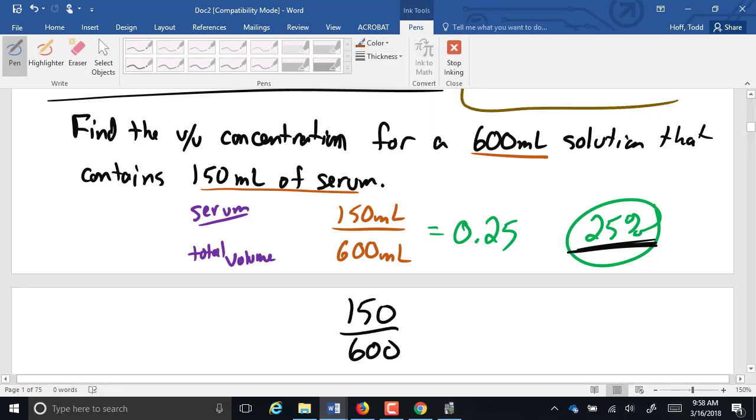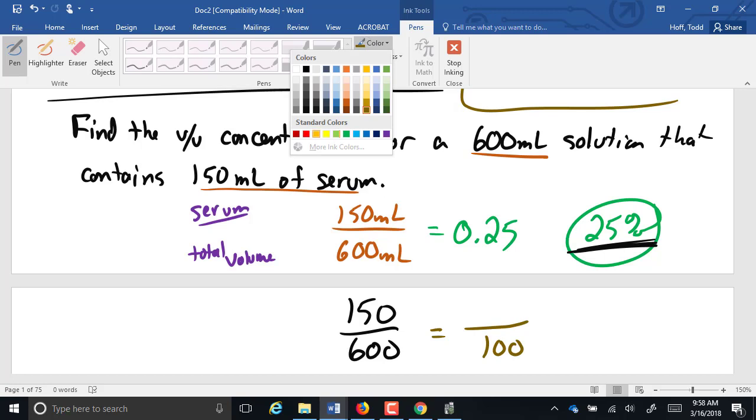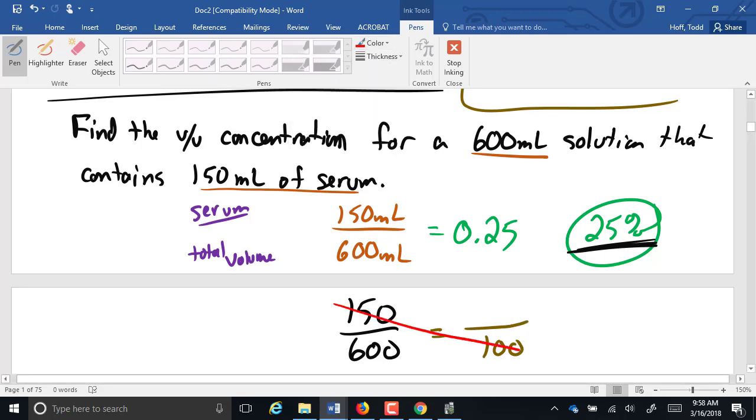If you did it like this as 150 over 600 equals blank over 100, if you were to cross multiply and divide there, 150 times 100 divided by 600, that gives you 25. So that is the 25%.